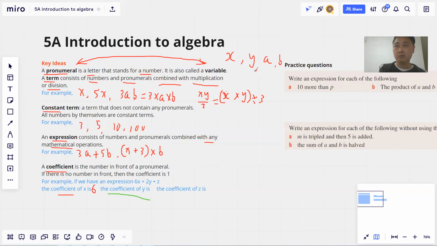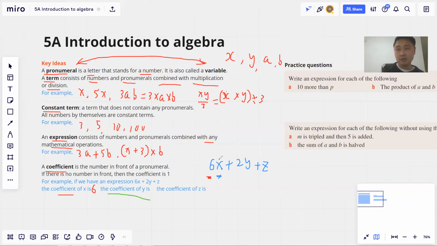Okay, so I use blue. If we have this expression, 6x plus 2y plus z, the coefficient of x is the number before x, so that's 6. So we say 6 is the coefficient of x.